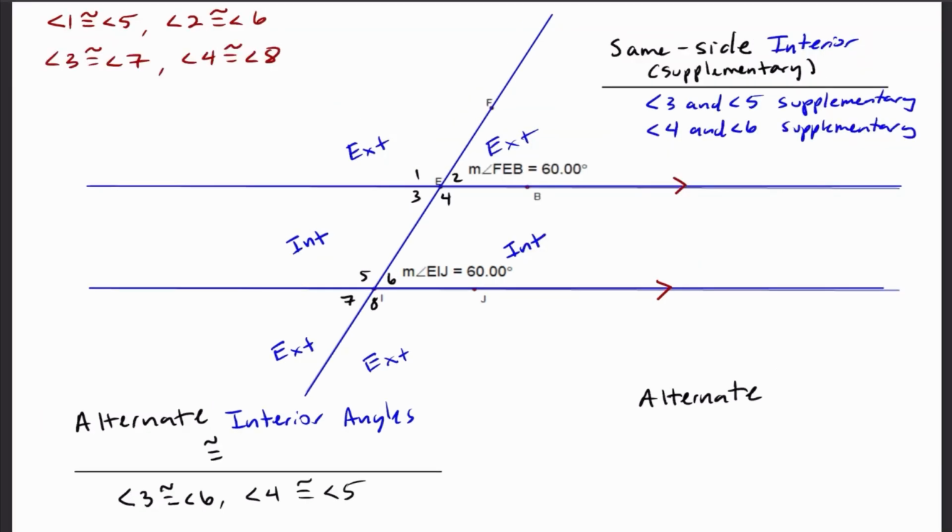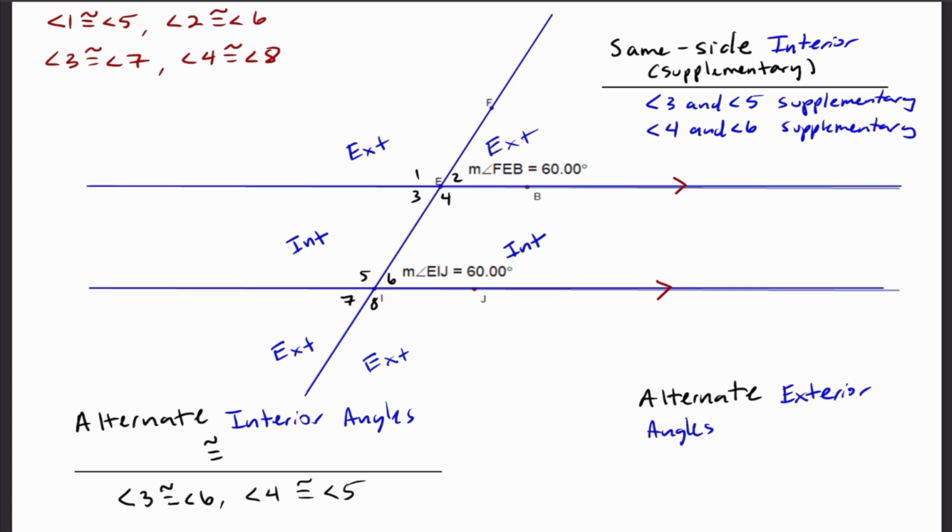Now finally, alternate exterior angles. Alternate exterior angles are similar to alternate interior angles. Alternate exterior angles are two angles that are outside of the parallel lines and on opposite sides of the transversal.